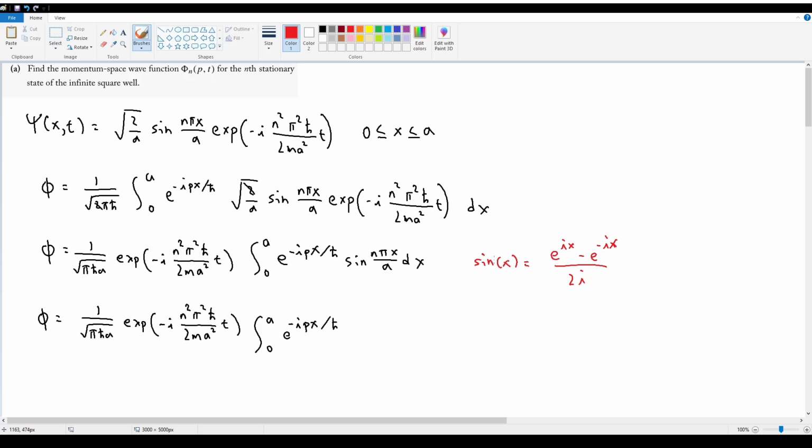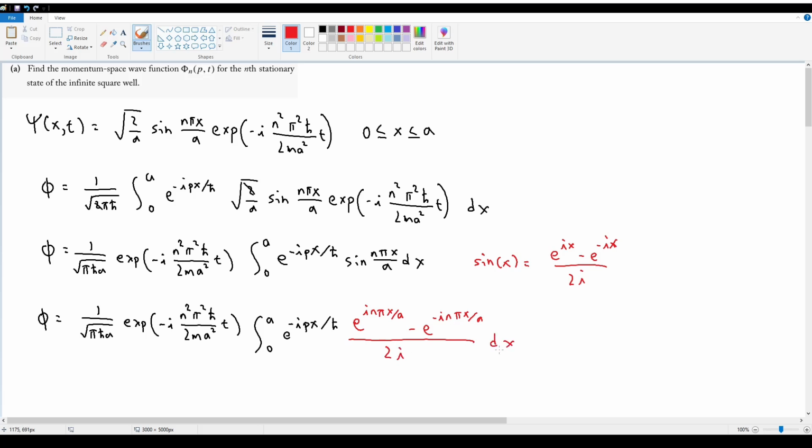Our x is n pi x over a, so this is going to equal e to the i n pi x over a minus e to the negative i n pi x over a, all divided by 2i, closing the integral with a dx.